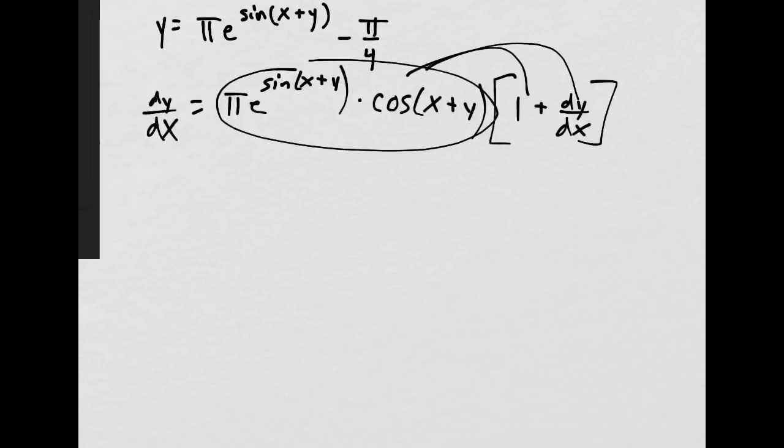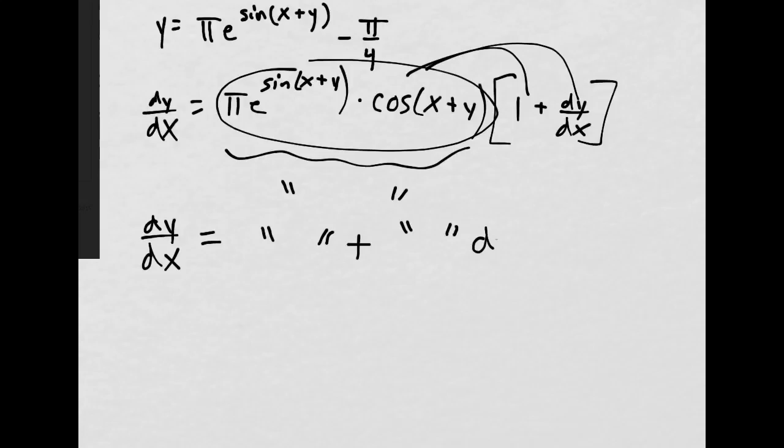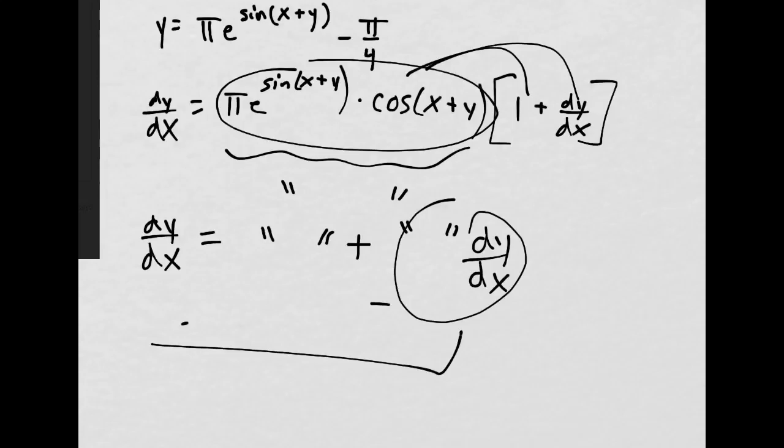Usually what I do is I call this stuff, just a little bit of shorthand. So if I do distribute it, I get dy/dx equals that whole thing times 1, that'll be just that whole thing in quotations, plus that whole thing times dy/dx. Now if you divide by dy/dx, it doesn't cancel out, but I'm going to subtract this part over to this side.